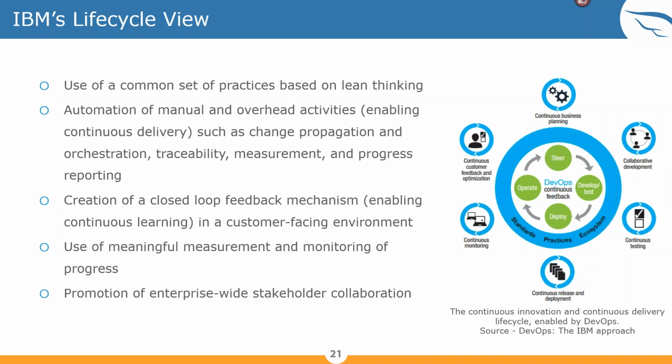And again, things like automation of manual activities, trying to do that as much as you can, not just from an efficiency standpoint, from it taking less time, but from an efficiency standpoint that you're now removing the risk that manual processes have.